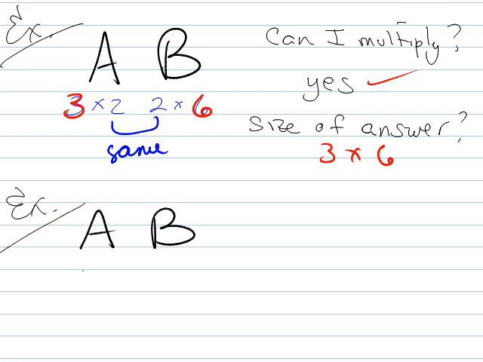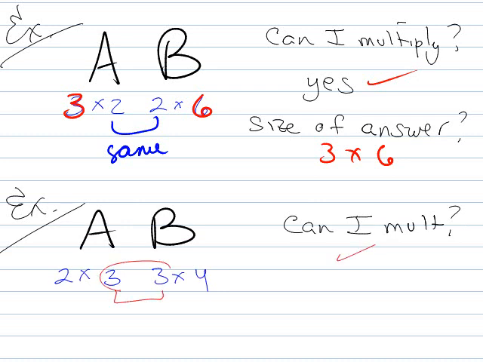Okay, so what if I have a 2 by 3 and a 3 by 4? Can I multiply these? Yes, I can multiply these because the 3 and the 3 are the same. Now what's the size of my answer?